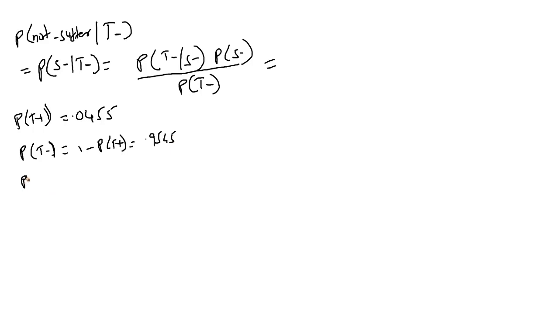And what is the probability of t minus given s minus is equal to 1 minus probability of t plus given s minus.